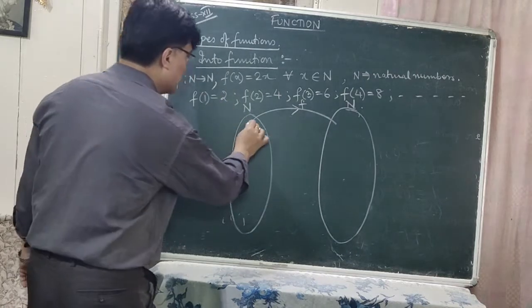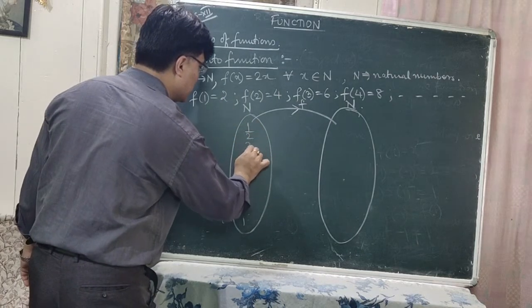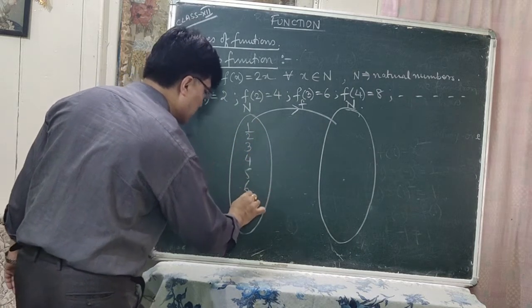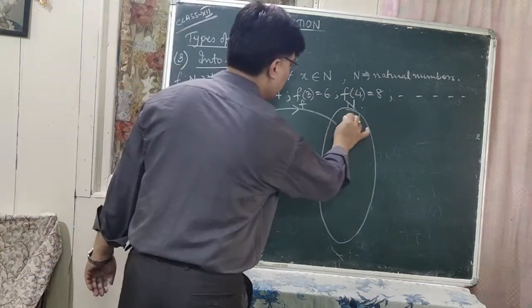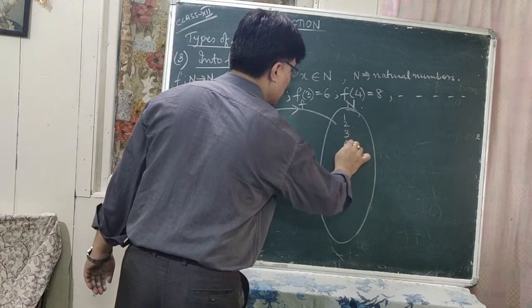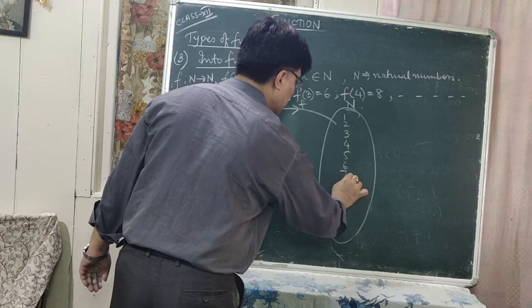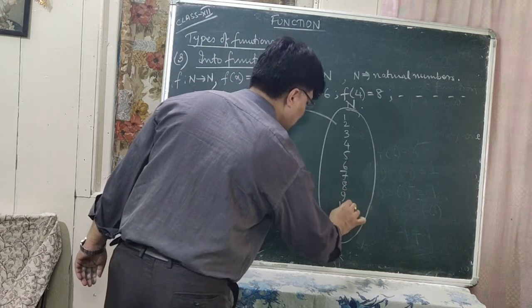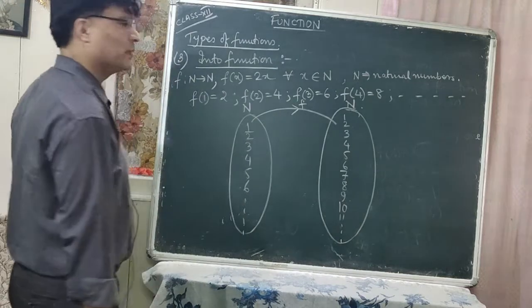Natural numbers start from 1, 2, 3, 4, 5, 6 and so on. Here also we have 1, 2, 3, 4, 5, 6, 7, 8, 9, 10, 11 and so on.